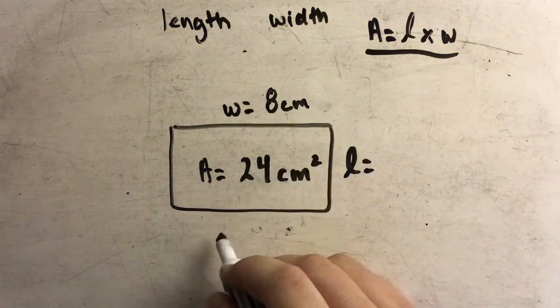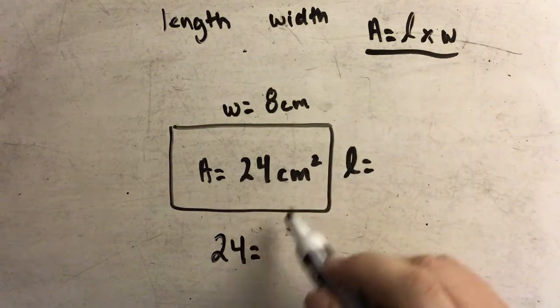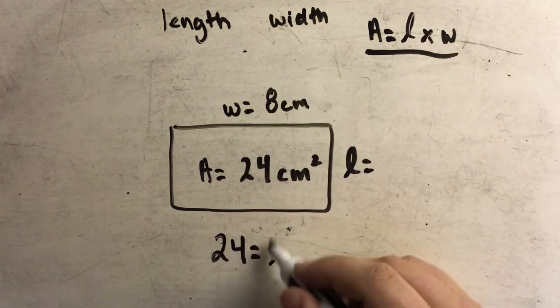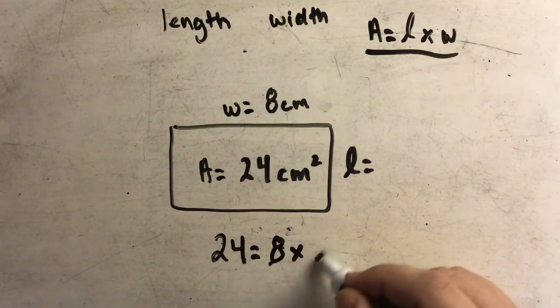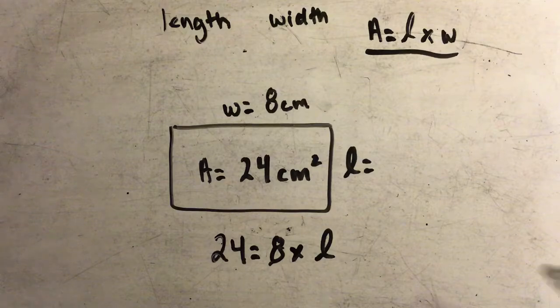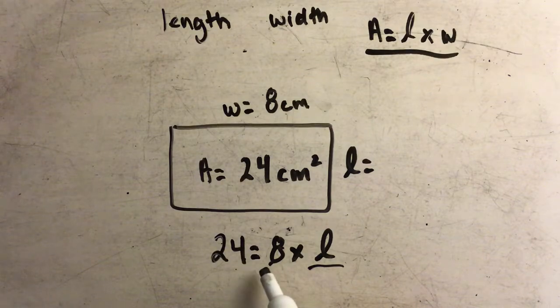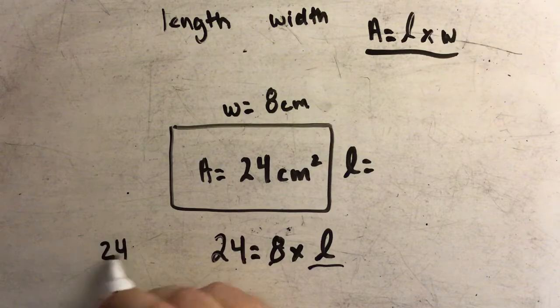So I could say that my area is equal to 24, and I know that 24 is equal to length times width. If I know that my width is 8, it's really just 24 is equal to 8 times L. And the way that I would find L is, I would do the opposite of multiplication. I would divide. So I'm going to divide 8 into 24.